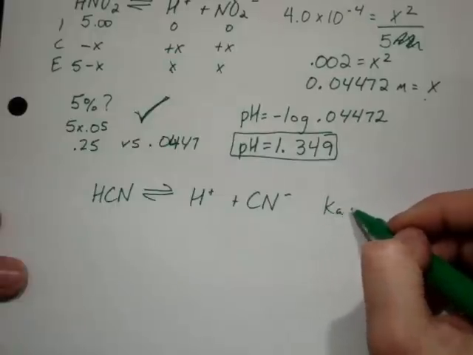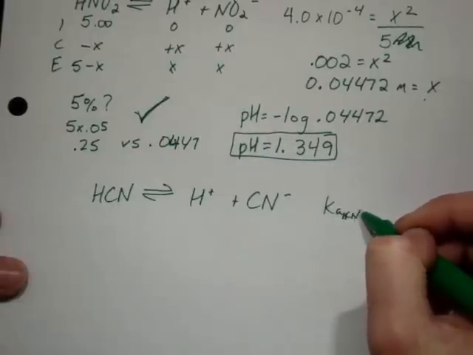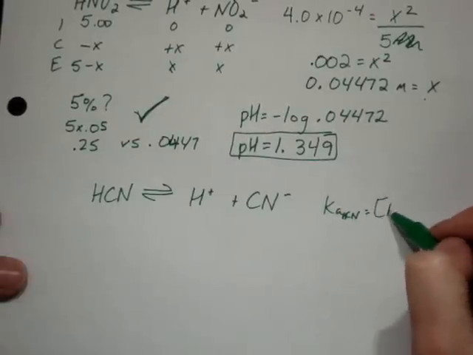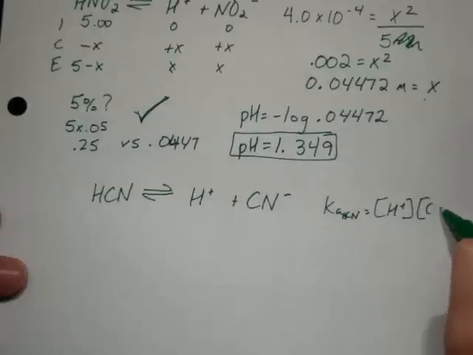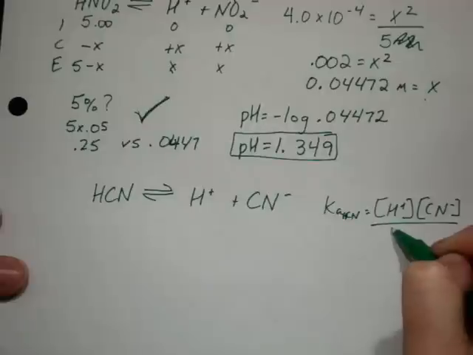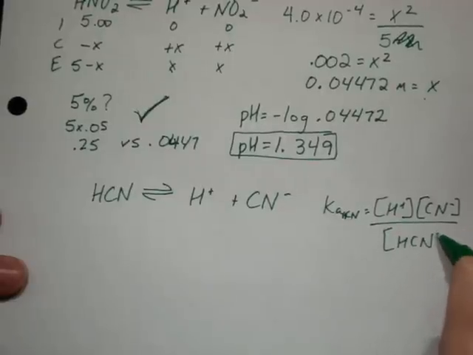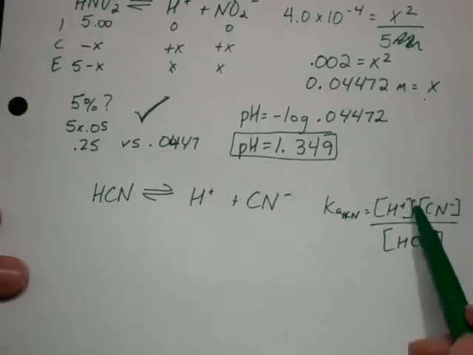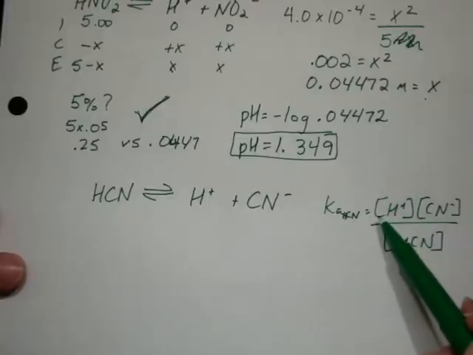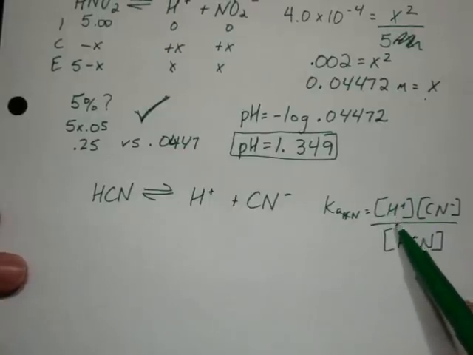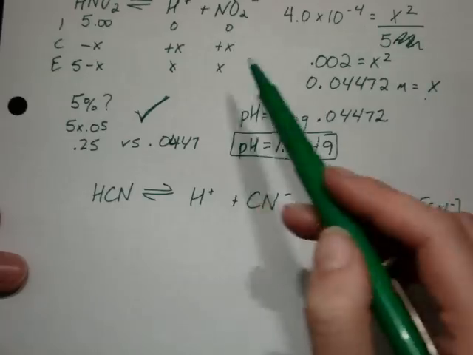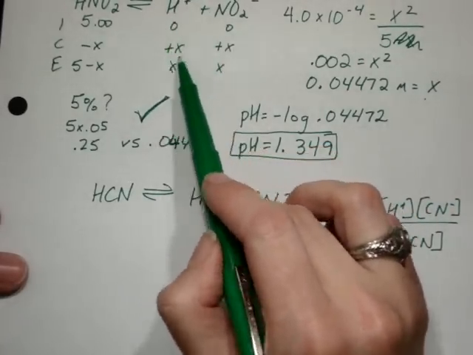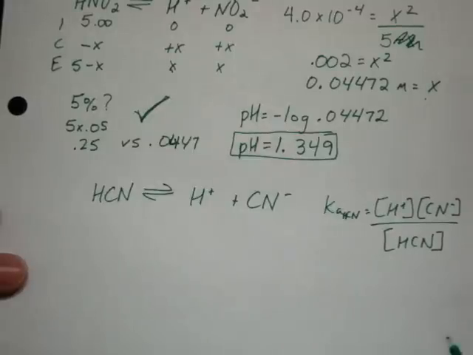The Ka this time is for HCN. So that would be H plus CN minus over HCN. I don't remember if you heard me say this a few seconds ago, but the hydrogen concentration for every other equilibrium happening in this beaker now comes from this first dissociation that we created.